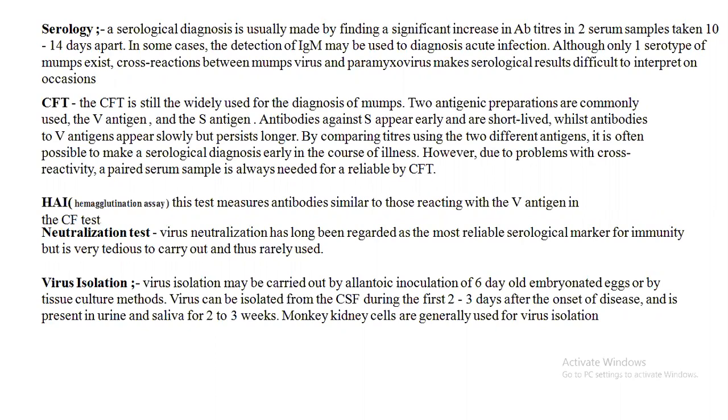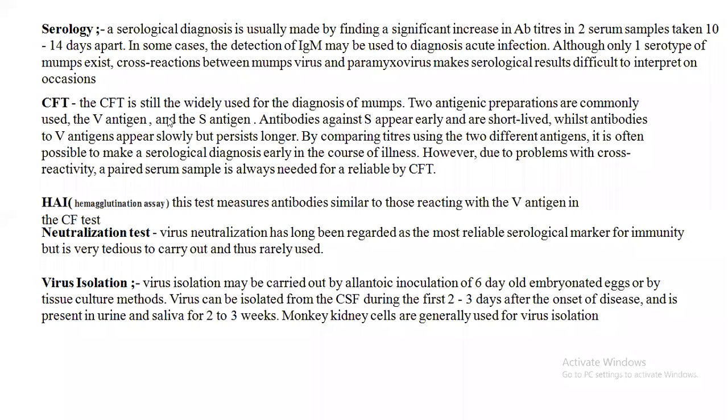HAI: this test measures antibodies similar to those reacting with the V antigen in the CF test. Neutralization test: virus neutralization has long been regarded as the most reliable serological marker for immunity, but it is very tedious to carry out and thus rarely used.